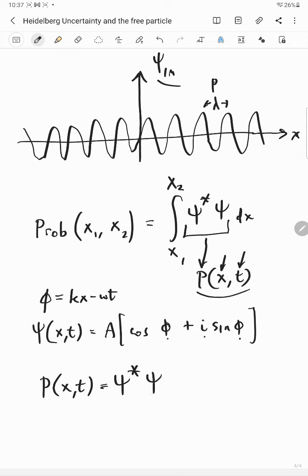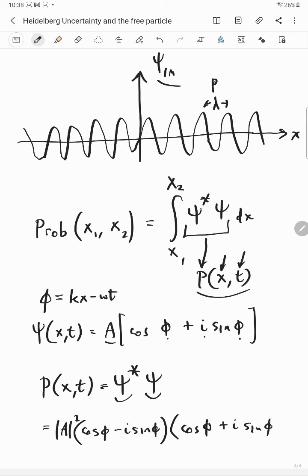So it's psi star times psi. It's equal to a squared, right? Because a is going to multiply a, but it's actually a star from the first factor, and then times a. So that's just the magnitude of the complex number a, and you square it. And then the psi star is just cosine phi minus i sine phi. And then I multiply by the rest of psi, cosine phi plus i sine phi.